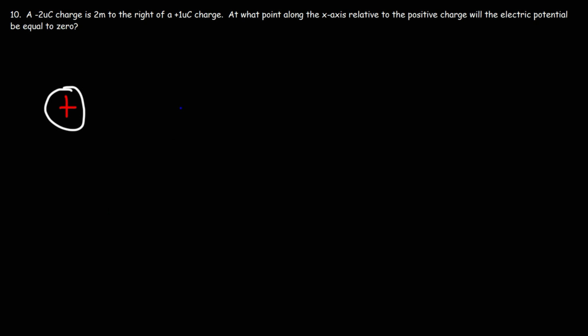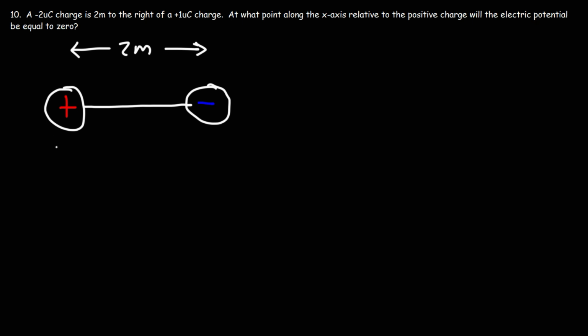And then to the right of that, we have a negative charge. And they're separated by a distance of 2 meters. Now, somewhere, maybe not the middle, but somewhere along that line, the electric potential will be 0.